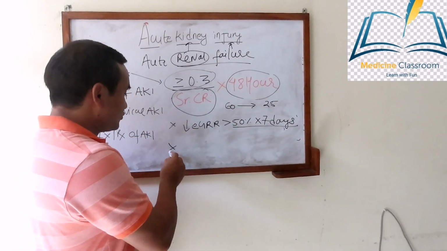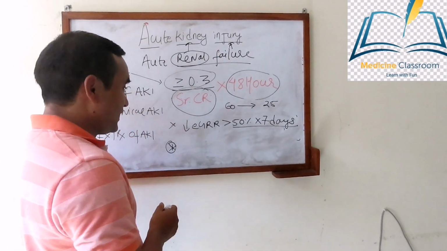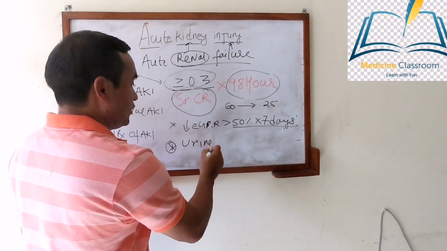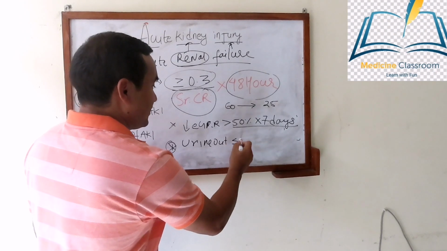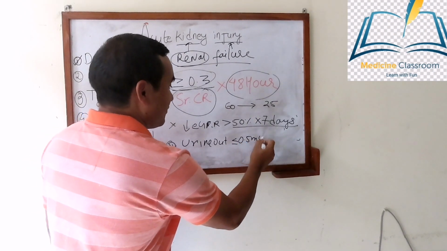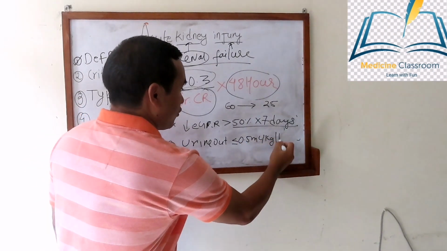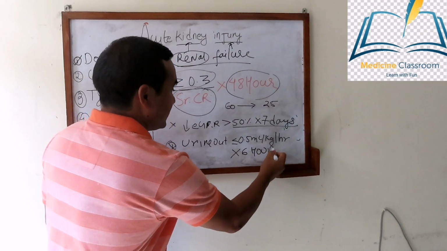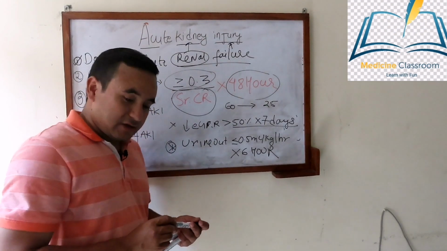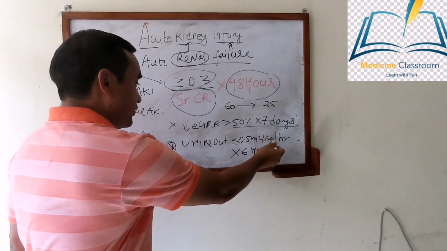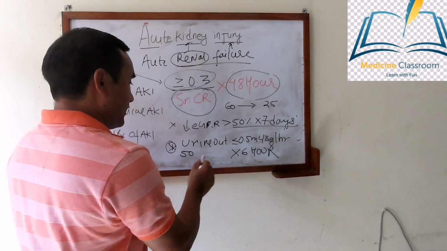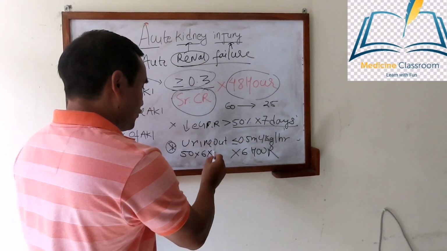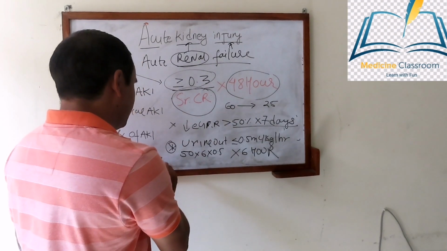The third criterion to define acute kidney injury is if someone has urine output less than 0.5 ml per kg per hour for more than 6 hours, then it is also AKI. Suppose a 50 kilo person: 50 into 6 into 0.5, nearly 150 ml urine.